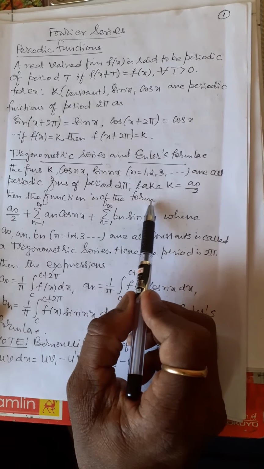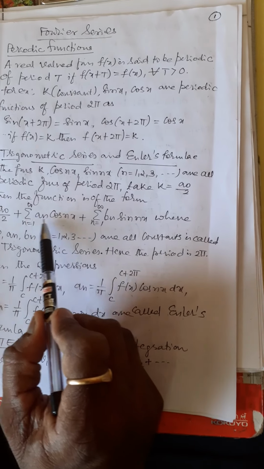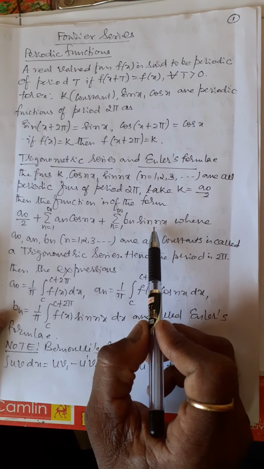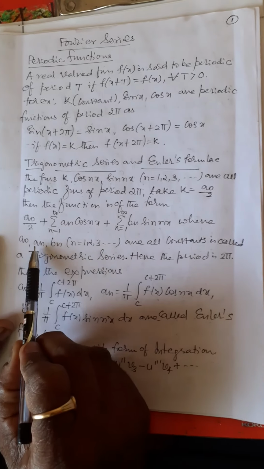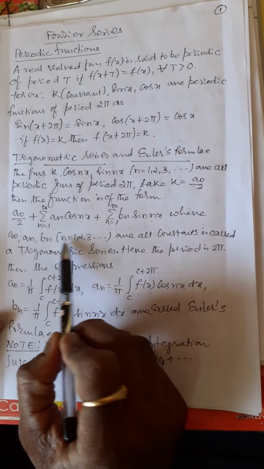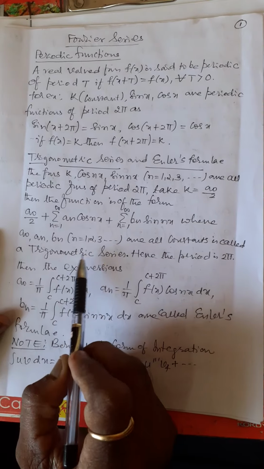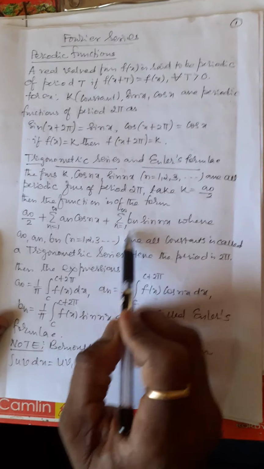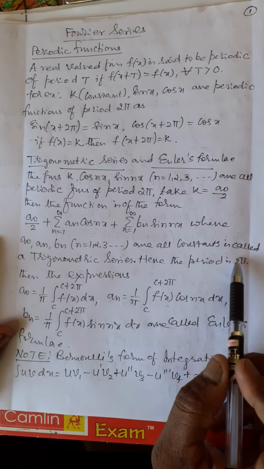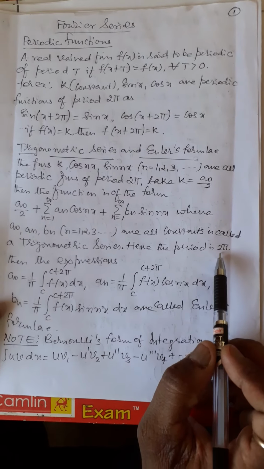Then the function of the form a naught by 2 plus summation n equal to 1 to infinity a n cos nx plus summation n equal to 1 to infinity b n sin nx, where a naught, a n, b n for all n equal to 1, 2, 3 and so on are all constants, is called a trigonometric series. Here the period is 2 pi, because for any Fourier series the period should be noted.